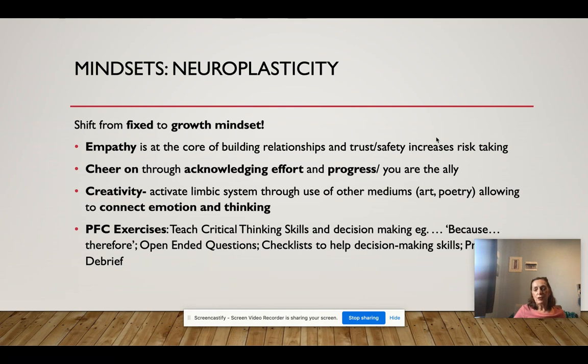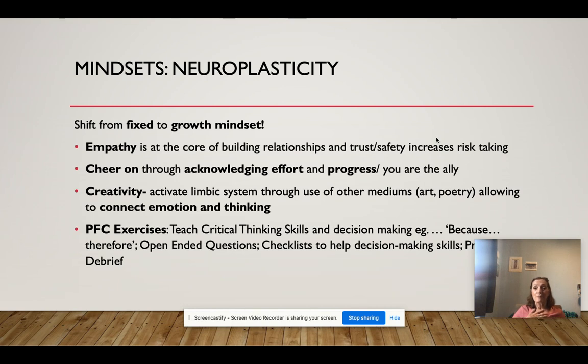So empathy is at the core, we know, of building relationships. And in order to have this neuroplasticity, we have to have trust and safety, because that's going to increase a kid's ability to take some risks and make mistakes in their learning. We have to be able to acknowledge that mistakes are good, because from mistakes we learn and grow.